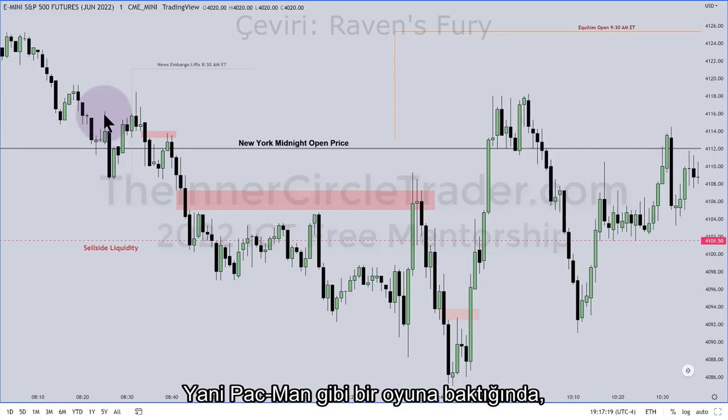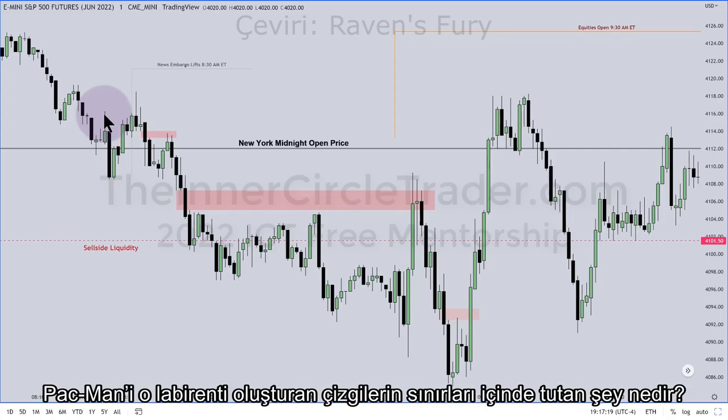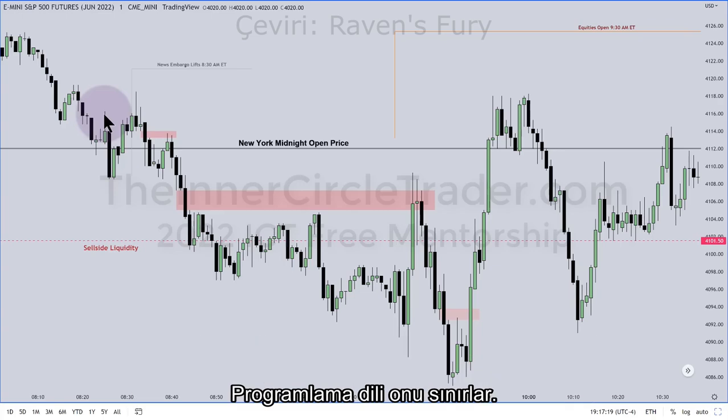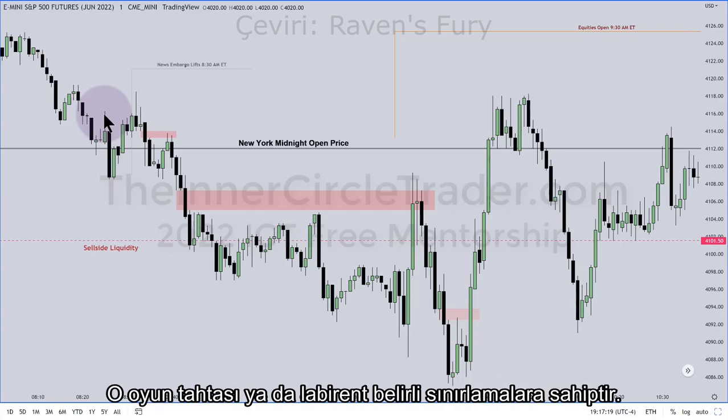So when you look at a game like Pac-Man, what keeps Pac-Man inside the boundaries of those lines that make up the maze that it runs around and collects and eats those dots until it gets to a power dot or is chased down and killed by the ghosts? The program language keeps him limited. The playboard or game maze has limitations.